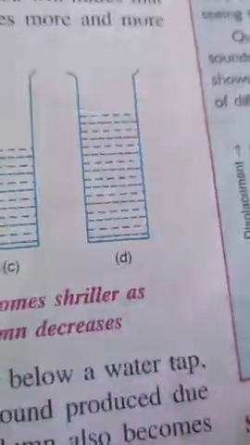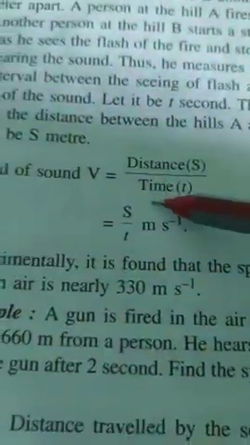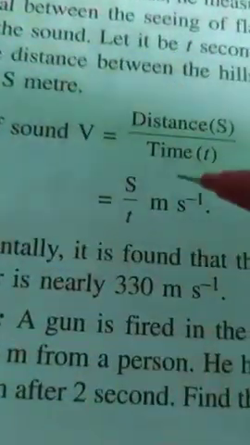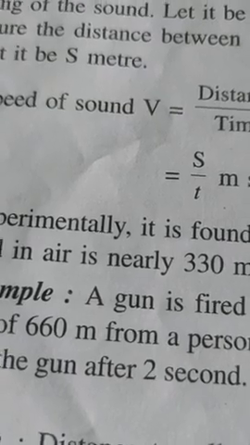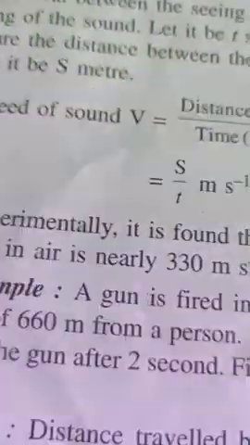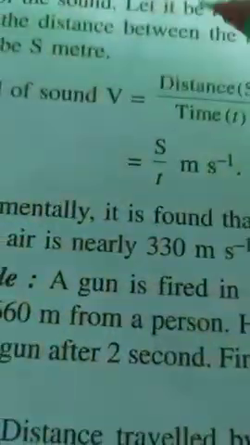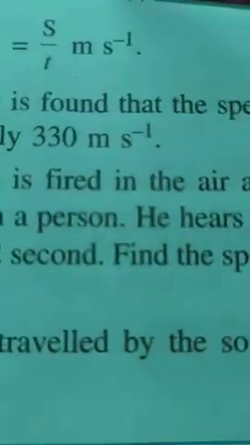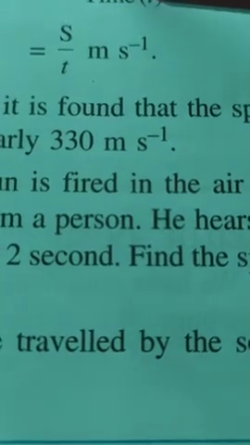Now speed of sound. What is the speed of sound? You can find the speed of sound by this formula: distance by time, S by T, meter per second. So to estimate the speed of sound in air, suppose we choose two hills A and B about a kilometer apart. A person at hill A fires a gun.